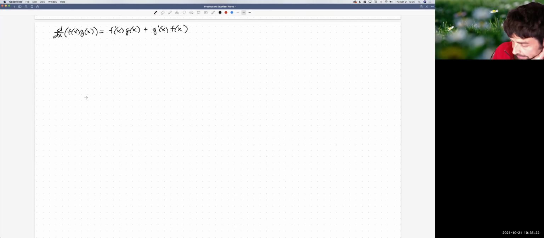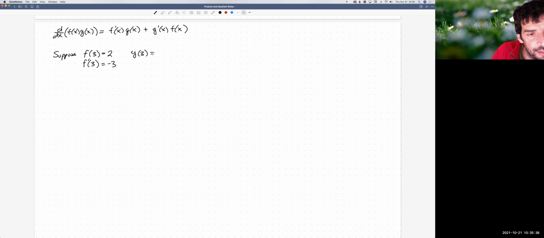So let's suppose f of 3 equals 2, f prime of 3 equals -3, g of 3 equals 3, and g prime of 3 equals -1. Okay, so this is assuming we have some functions and we happen to know a couple values and the values of the derivatives, right?